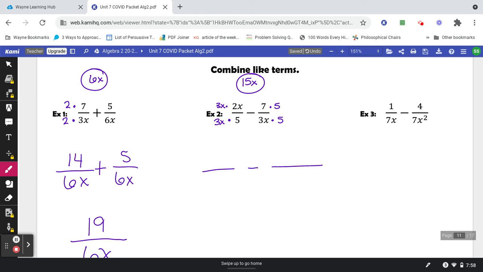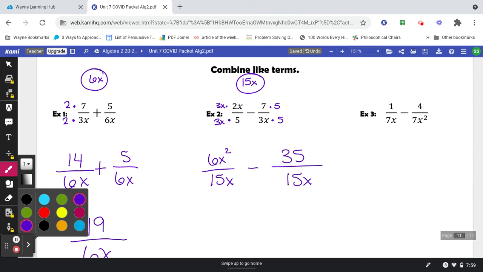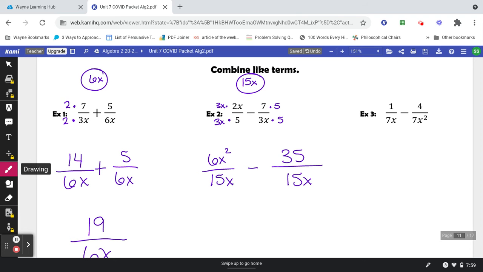All right, let's see what that gives us. 15x, multiply 3x times 2x, 6x squared, 15x, and a 35. Now, because this is a subtraction problem, I'm going to distribute that negative. Or in other words, keep, change, change. I'm going to keep this first fraction the same.